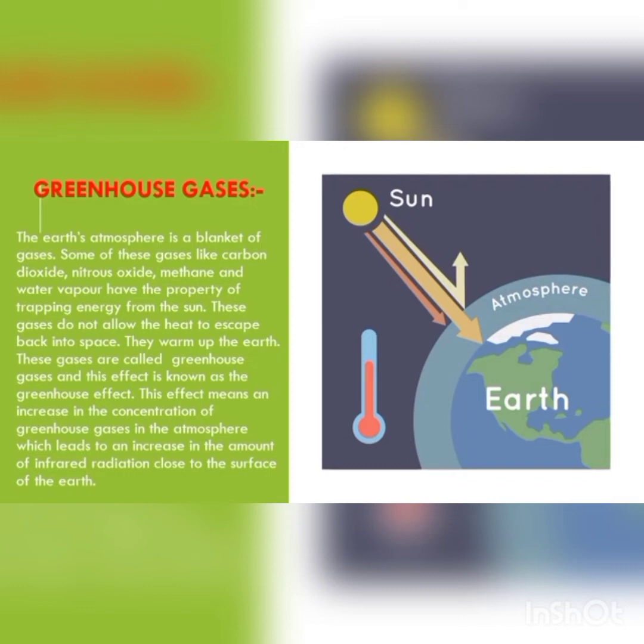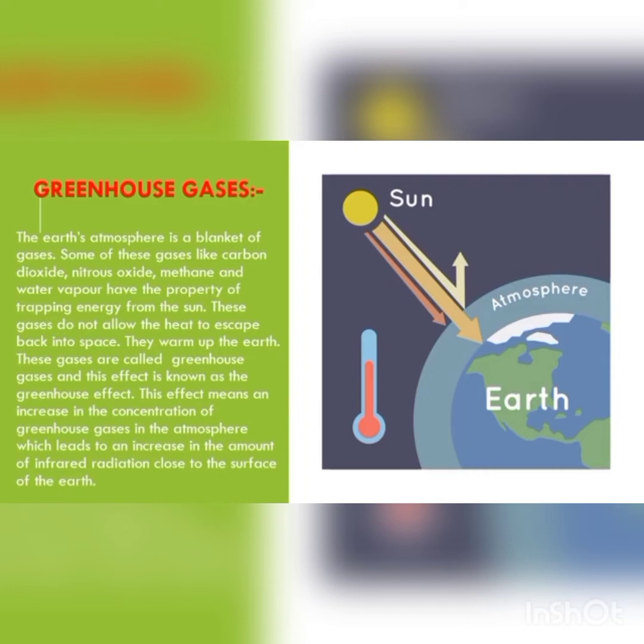These gases are called greenhouse gases, and this effect is known as the greenhouse effect. This effect means an increase in the concentration of greenhouse gases in the atmosphere, which leads to an increase in the amount of infrared radiation close to the surface of the earth. This is shown in the figure.